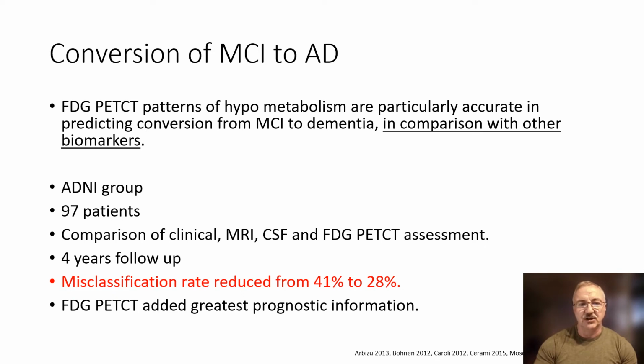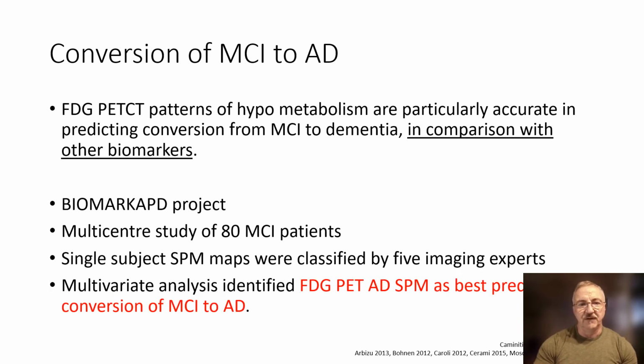So again, FDG PET-CT reaching into the clinical context and making a real difference. And in the Biomark APD project, looking at 80 MCI patients, FDG PET-CT with the addition of SPM was the best predictor of conversion of MCI to AD. And I will mention SPM a little bit.